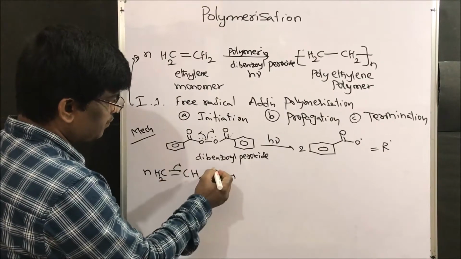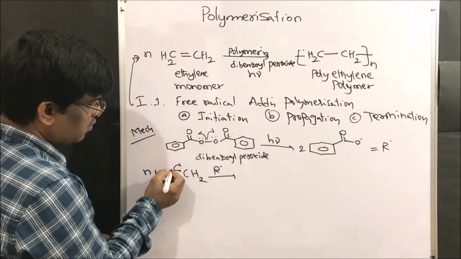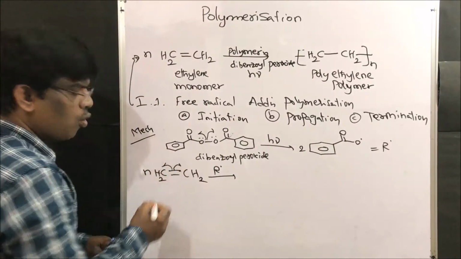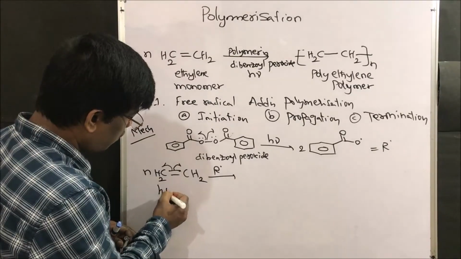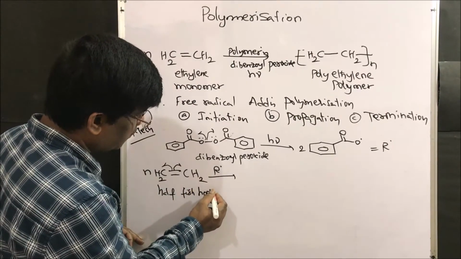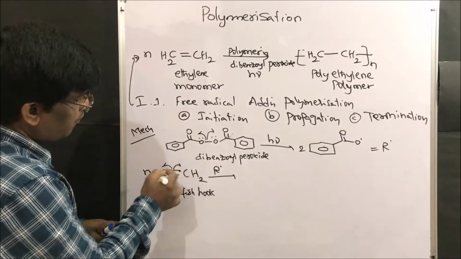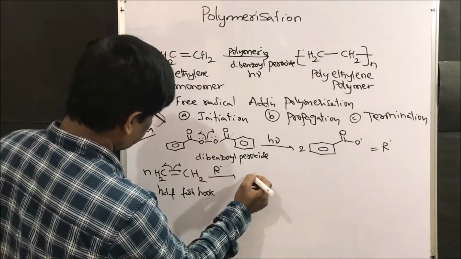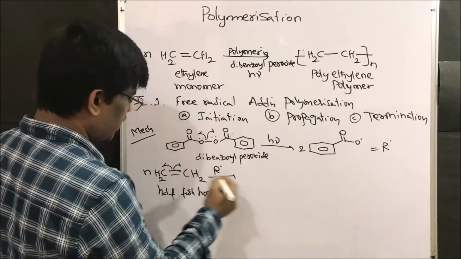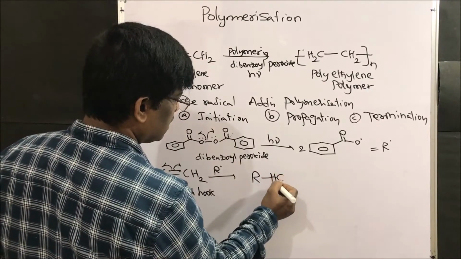In the presence of this free radical, it is going to undergo homolytic fission. How do we write homolytic fission? With a half fish hook, right? So it undergoes this free radical homolytic fission and reacts with this side.